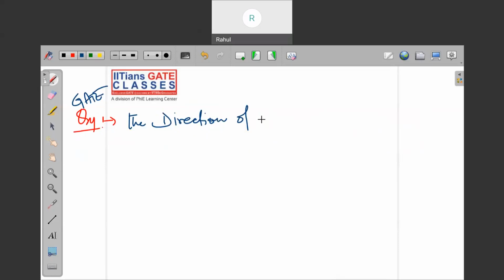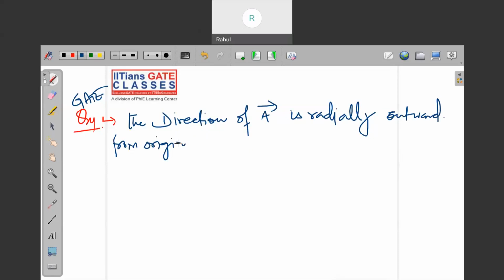The direction of a vector is radially outward from origin, and they have given the component here: the magnitude of A is given as k r to the power n, right?